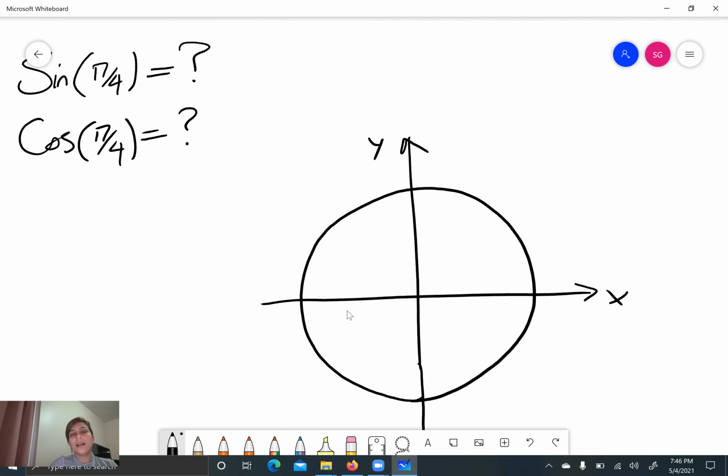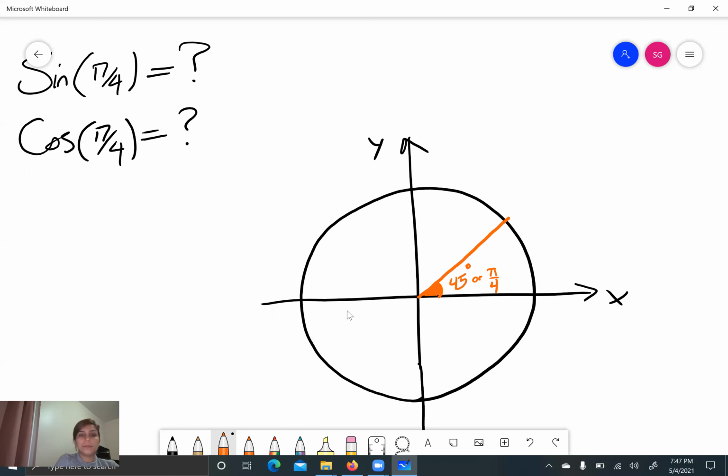And then 45 is exactly in the middle of the first quadrant. So 45 is going to be here, right? 45 degrees, or you can say pi over 4. It doesn't matter. You can express an angle either in terms of degrees or in terms of radians. Pi over 4.